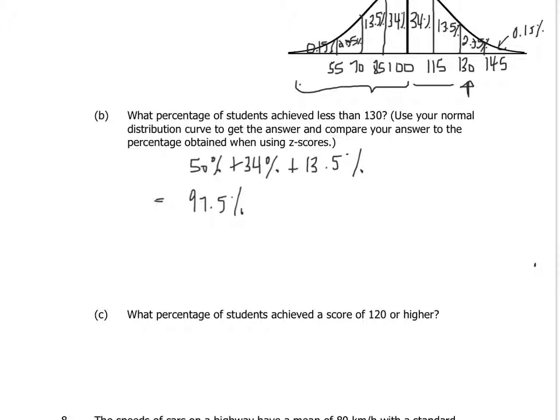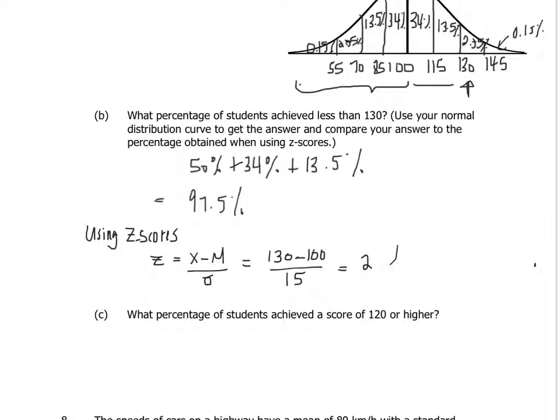So now if we take the same question and do that using z-scores, we know that the z-score for 130, remember our definition is x minus the mean over the standard deviation, and in this case it would be 130 minus 100 over the standard deviation was 15, and that would give you a z-score of 2.